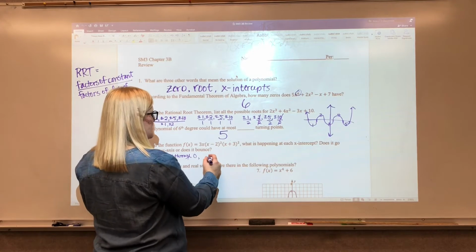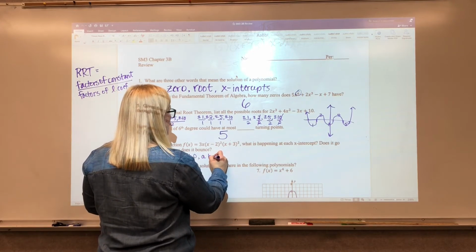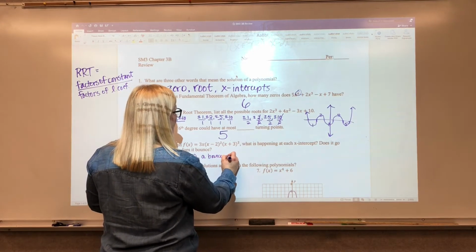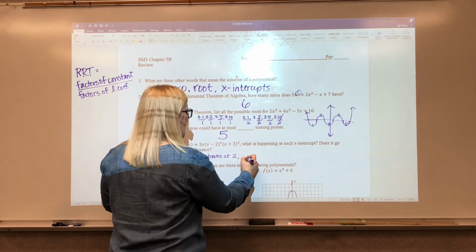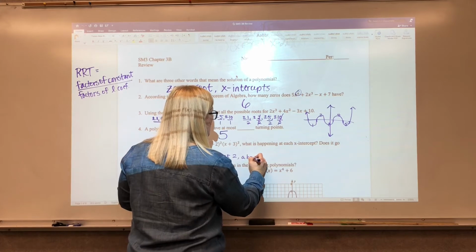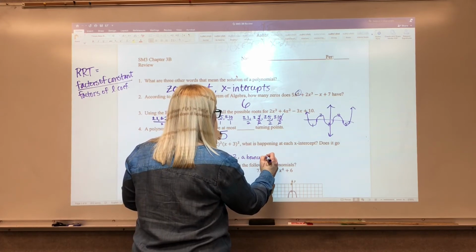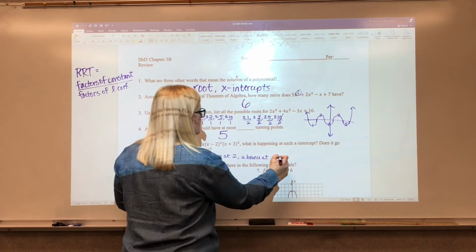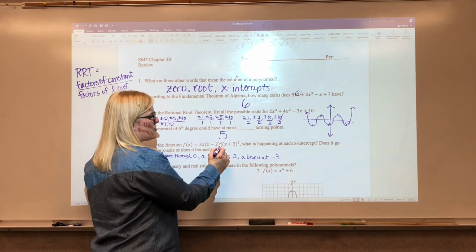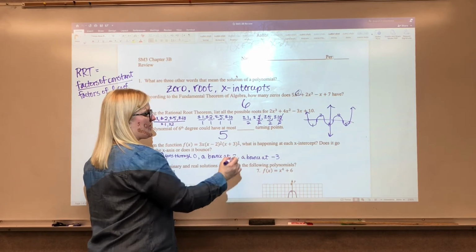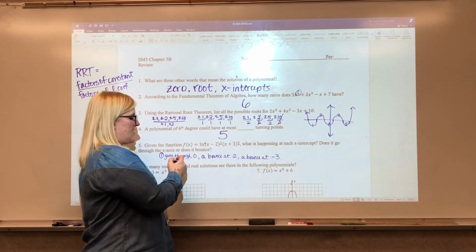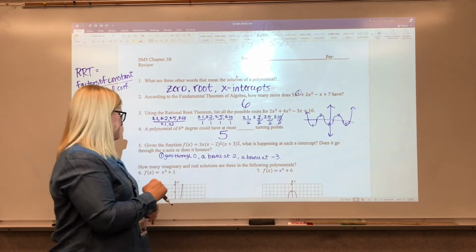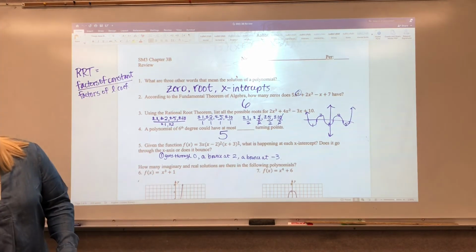So we've got a bounce at x equals 2, so at 2, and a bounce at -3, okay? And that's because of these 2's that we have right here. If I've got 2 there, it means it's a bounce. If this was 3x squared, then it would be a bounce at 0. Okay.